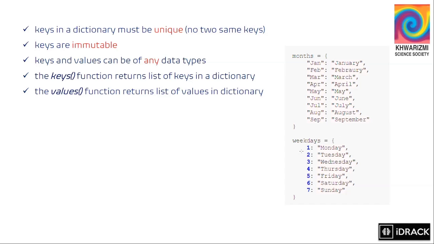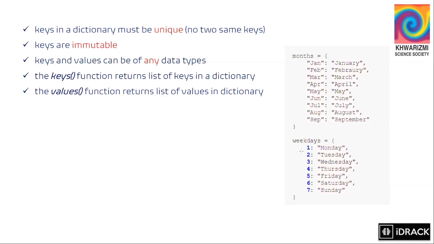If you try to access something using the key, it wouldn't know if you're trying to access the first element or the last element or any element in between or which one exactly. So the keys in a dictionary must be unique. You cannot have two same keys.